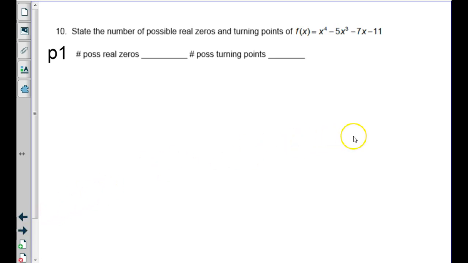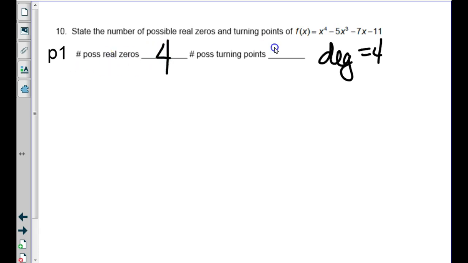Number 10, state the number of possible real zeros and turning points. Do you need to graph this? Do you need to do anything? This should be the easiest question on here. What is the degree? So the maximum number of possible zeros is?